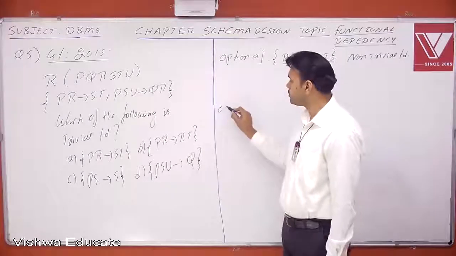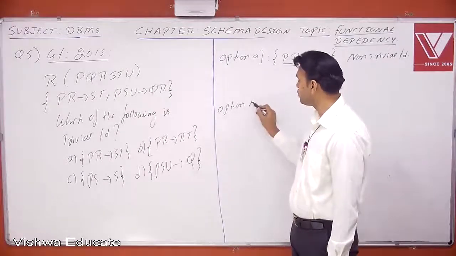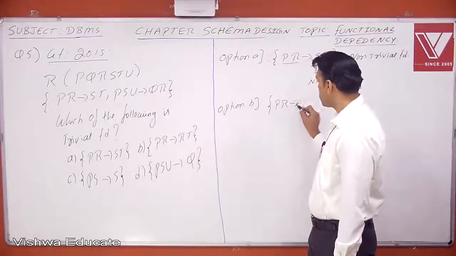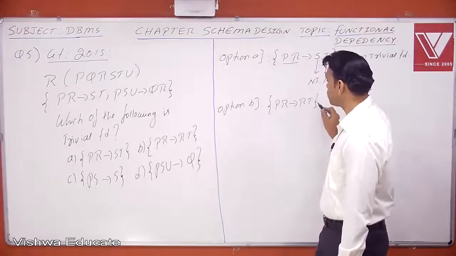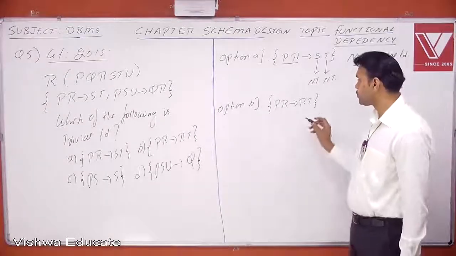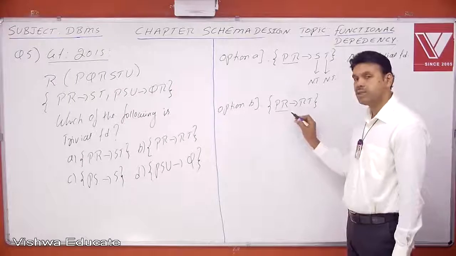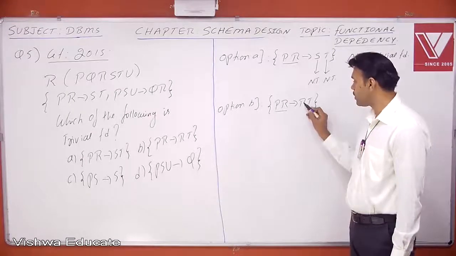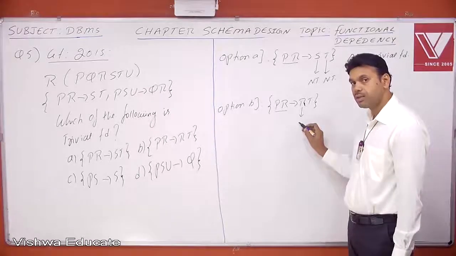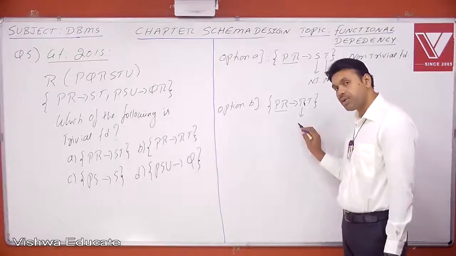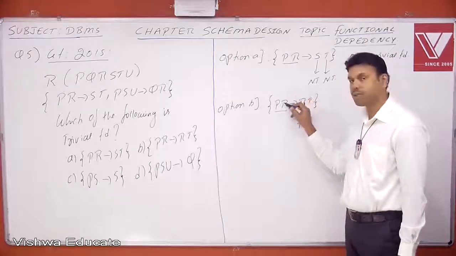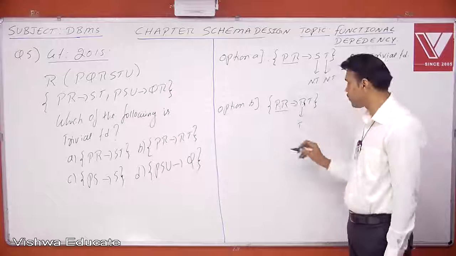Come back to option B, that is PR to RT. Now listen carefully. PR is a determinant, R is a dependent. Is this R trivial or non-trivial? It's trivial because R is a part of LHS.